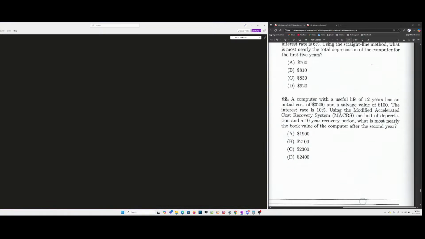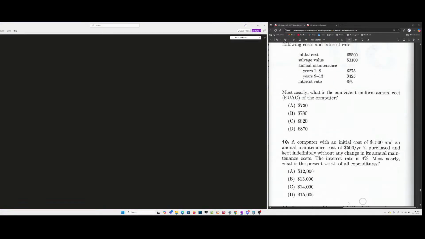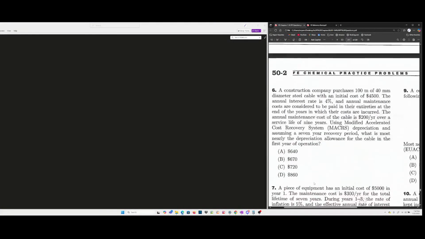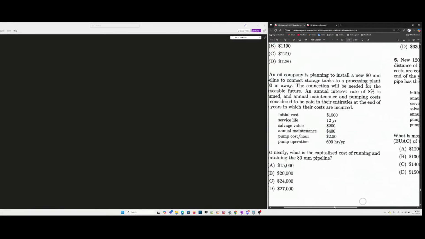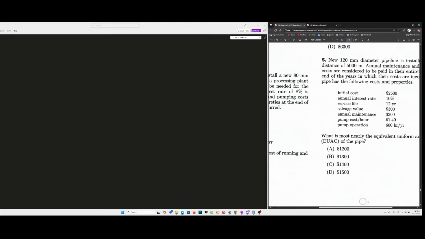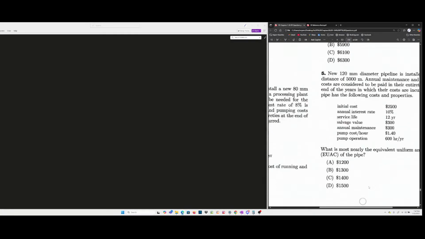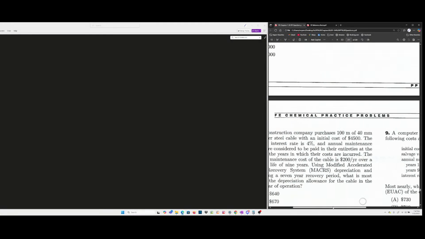This is the same as MACRS, like what we used before, so this is going to be very easy. Remember when we had the question that involved MACRS depreciation? I think it was question 6.